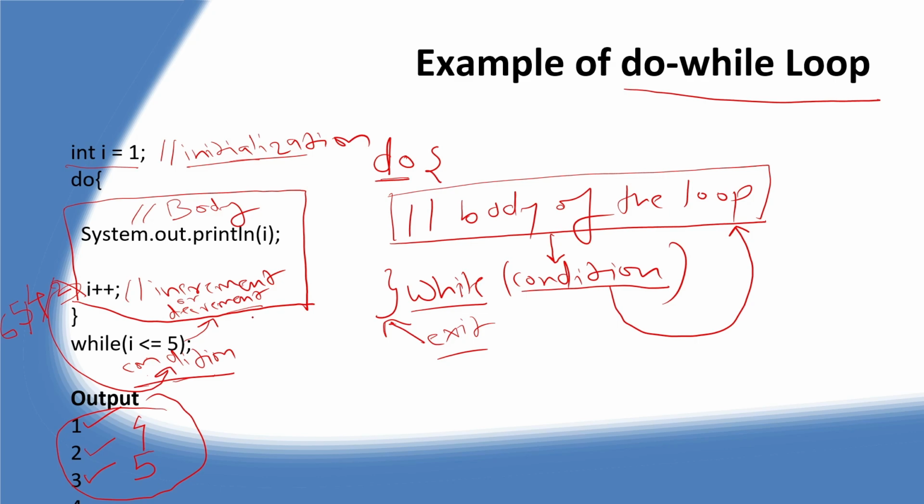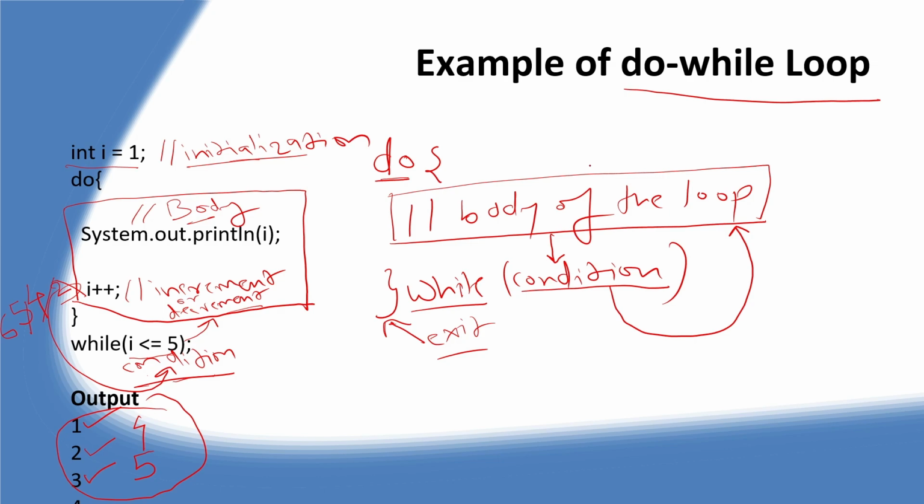So we understood the flow of the do-while loop: execute the loop body, then check the condition. If it is true, then again execute the body. In other words, execute the body until the condition is true.